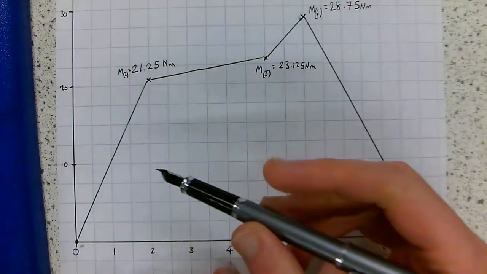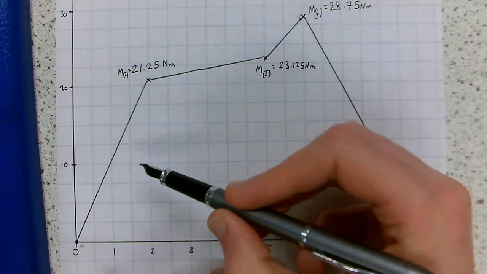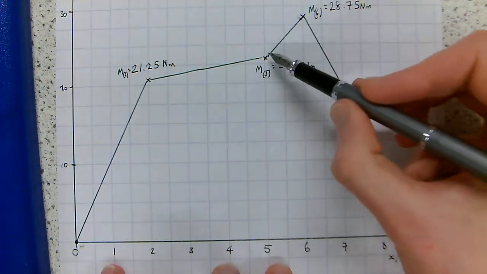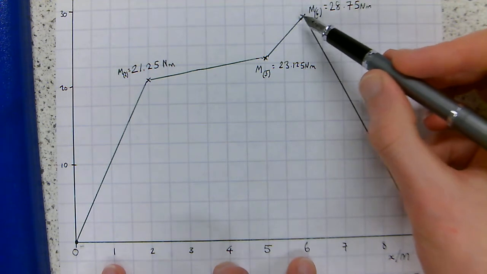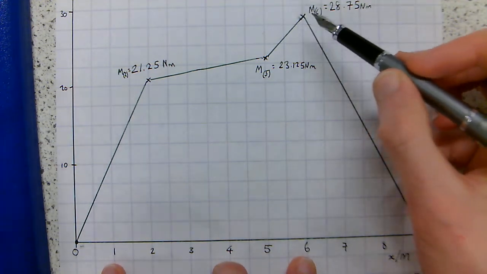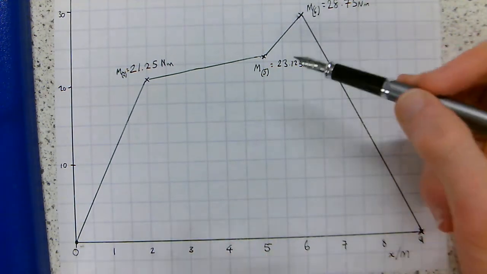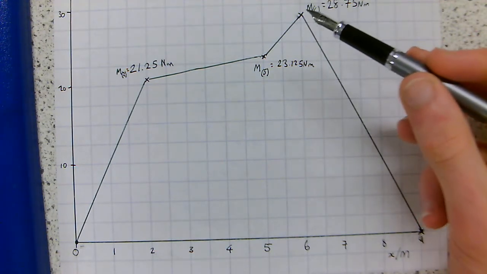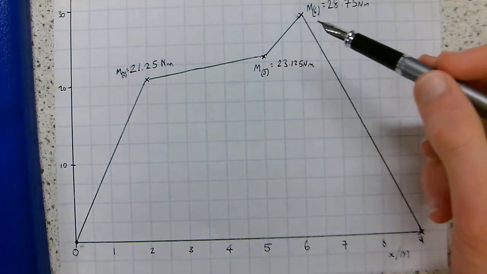And we're done. What does this tell us? This tells us that our moments will increase and they're going to be highest at the point where 20 newtons is applied. So if our beam was going to bend, it would be bending there the most. If our beam is going to break, it's most likely to break there.